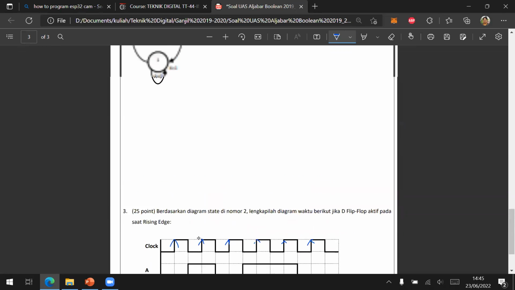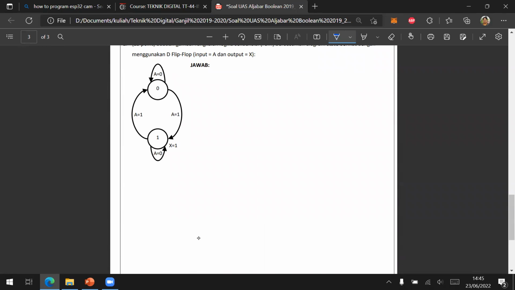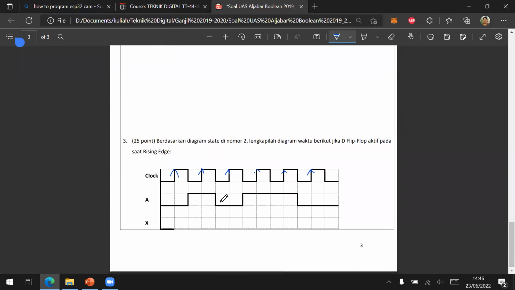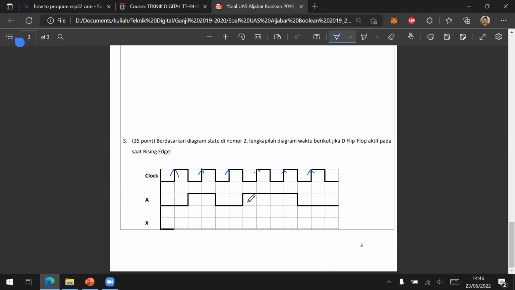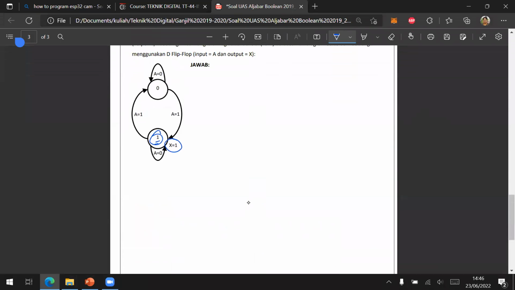X is here. X is 1, which means it will represent the present state.